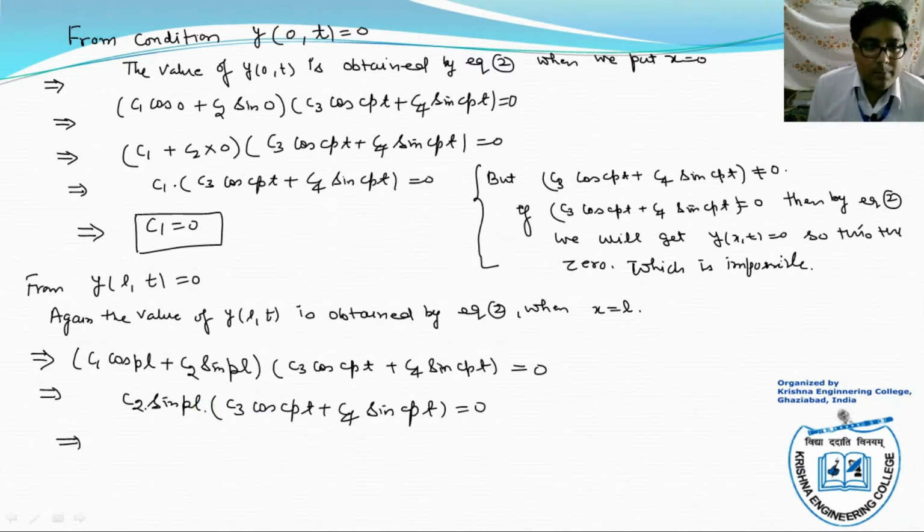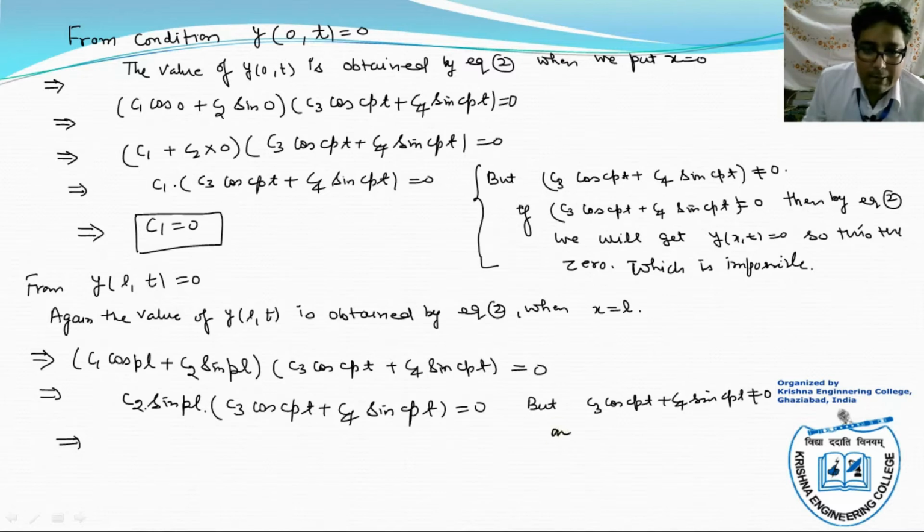This will happen if one of them is 0, but C3 cos cpt plus C4 sin cpt will not equal 0. Clear? If it were 0, then we would get the zero solution, which is impossible.